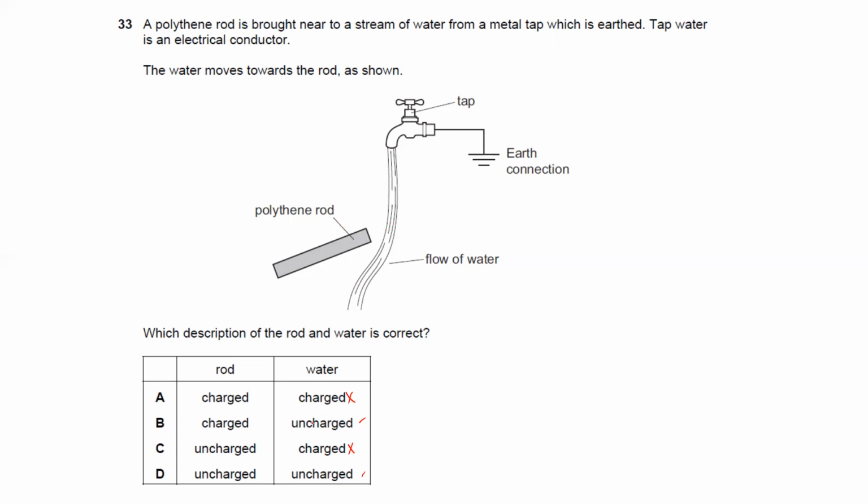So the rod is charged. If the rod were uncharged, there wouldn't be any movement. So answer B is the right choice we have.